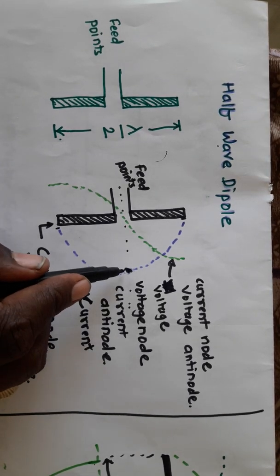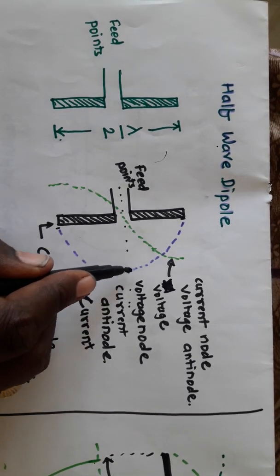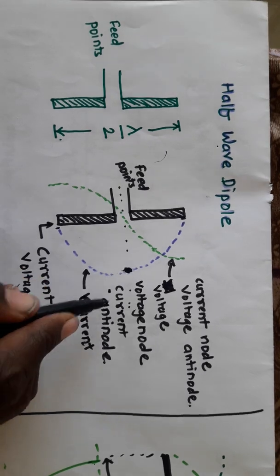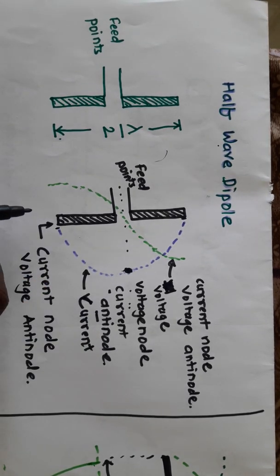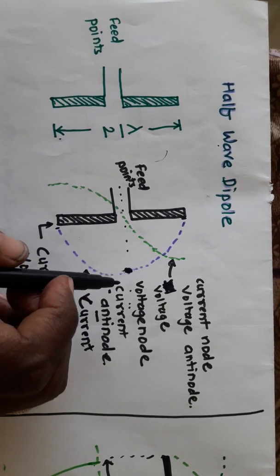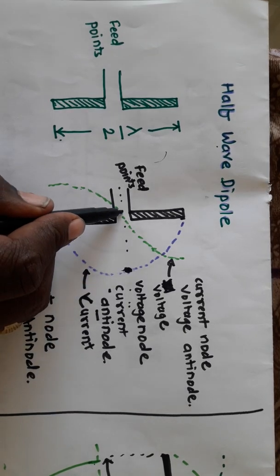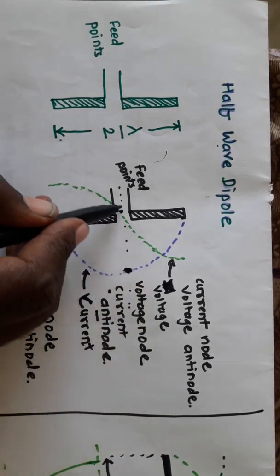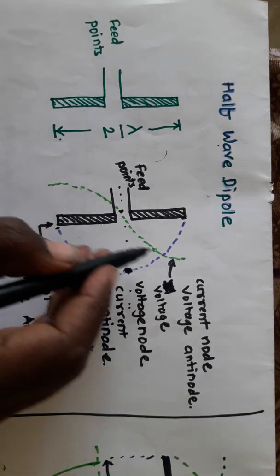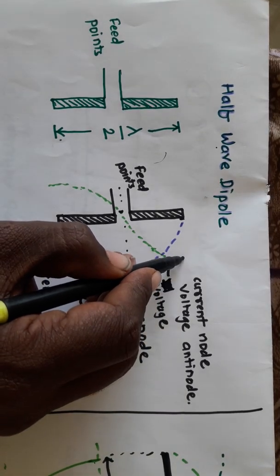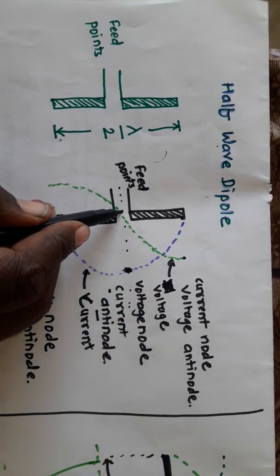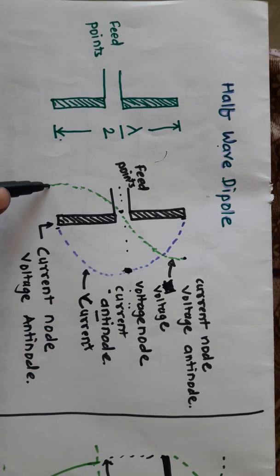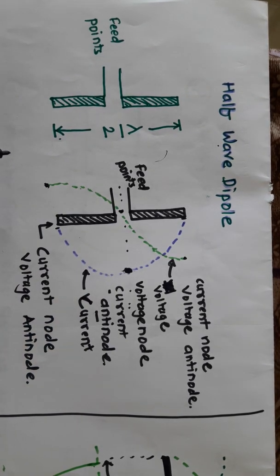So, whenever there is maximum current, it is a current antinode, right? But at that time, there is minimum voltage. Suppose this green line indicates the voltage level. The green line is maximum at this point, then 0 or minimum at this point, and once again maximum at this point.